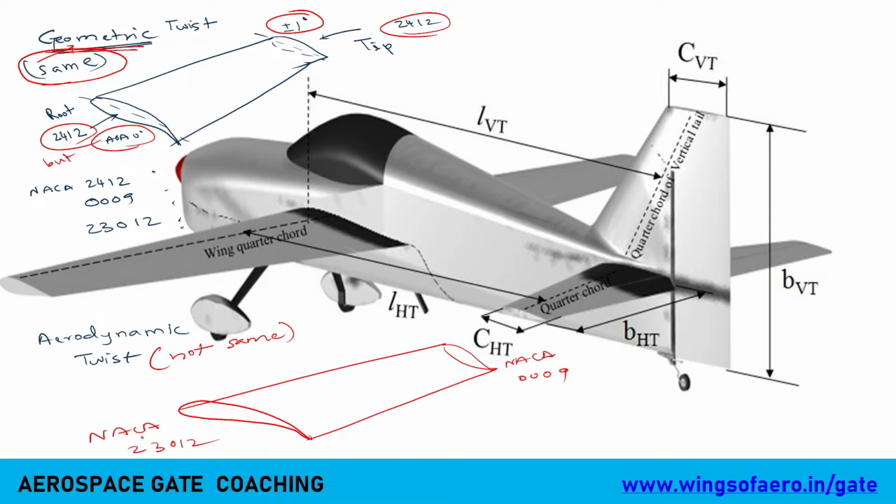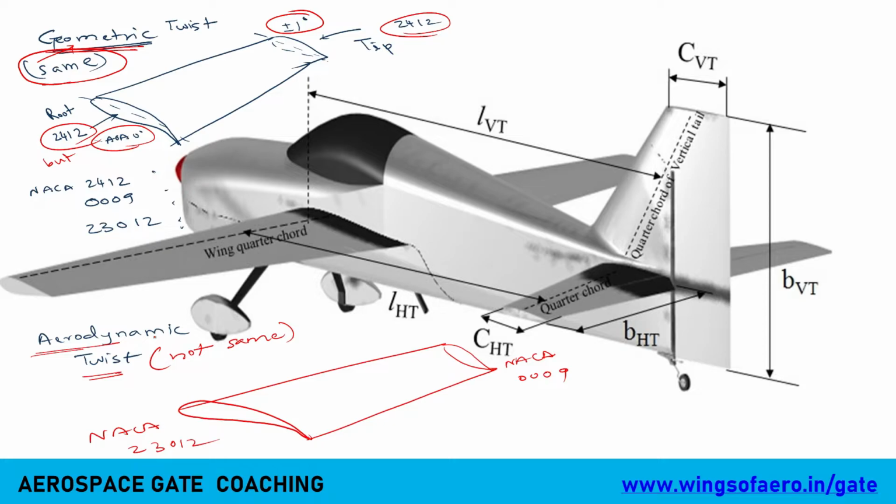Due to the difference between the tip section and the root section, it will generate some built-in twist. So that is known as an aerodynamic twist. Basically in aerodynamic twist, the profile or the geometry is not going to be the same.